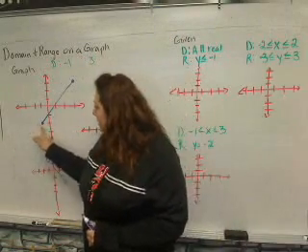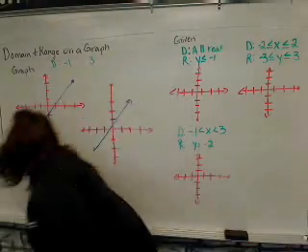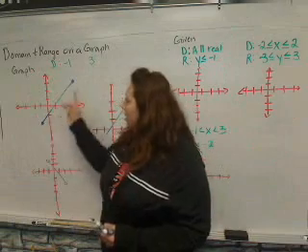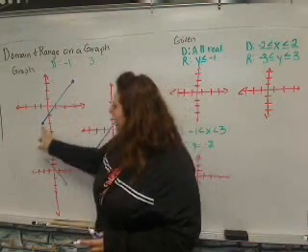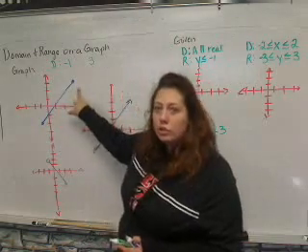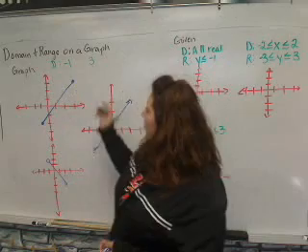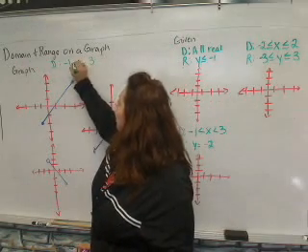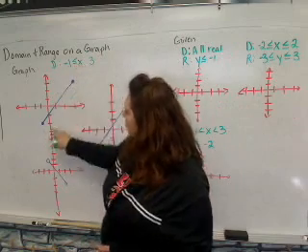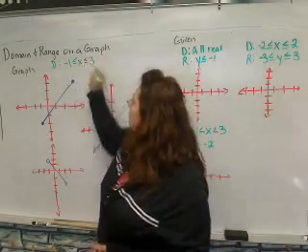Now, these points right here are very significant. Okay? If they are filled in points, that means that it includes -1 and it includes 3. So we need to use something that shows that those are included. So what we say here is x is greater than or equal to -1 and it's less than or equal to 3.